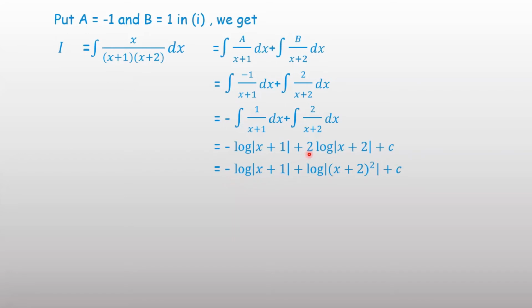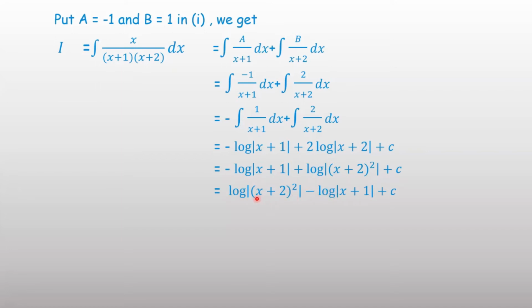Then using the formula log m power n equal to n log m, we can write 2 log of x plus 2 as log of x plus 2 whole square. Then next step, rearrange, write the positive sign first, log with the negative second.